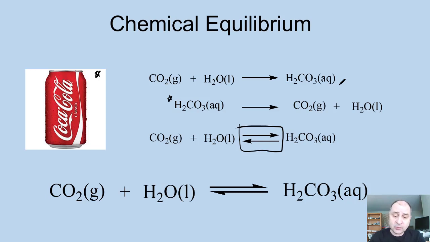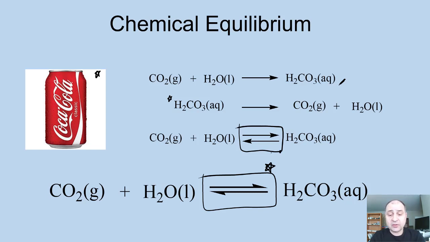When that occurs, we say the reaction is at equilibrium, and we use this double arrow, slightly different than the one that indicates a reversible reaction. It's still a reversible reaction, except it means it's at equilibrium. Most of the time you'll see this reaction arrow and not the other.